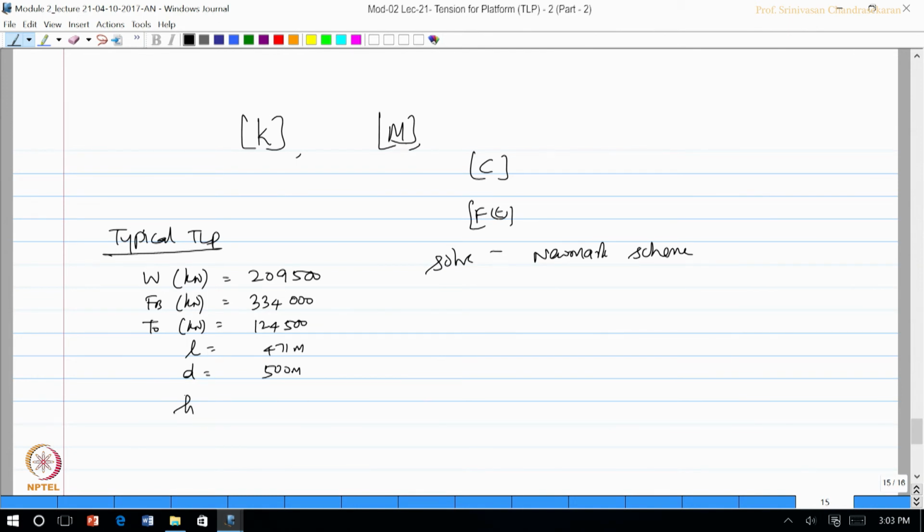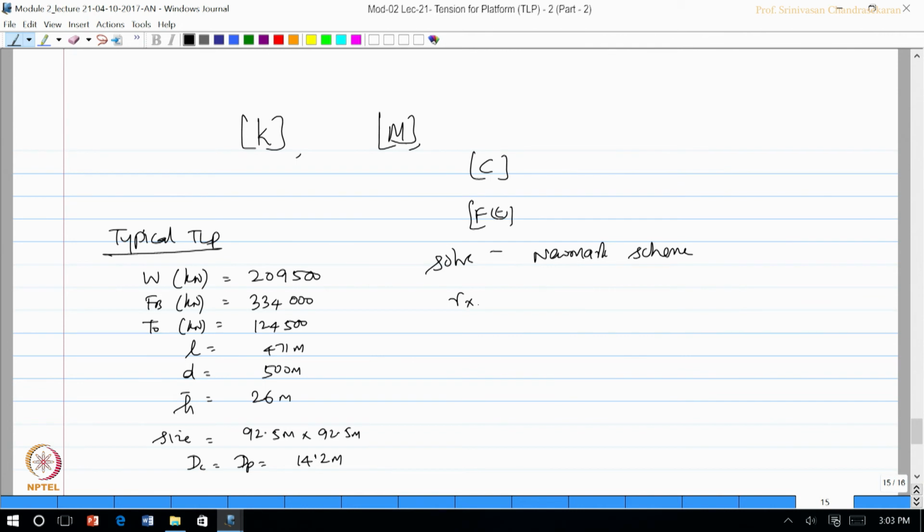The H bar is generally seen as about 26 meters for this platform. The size of the platform is 92.5 meter by 92.5 meters. Diameter of the column and diameter of the pontoon members are about 14.2 meters.